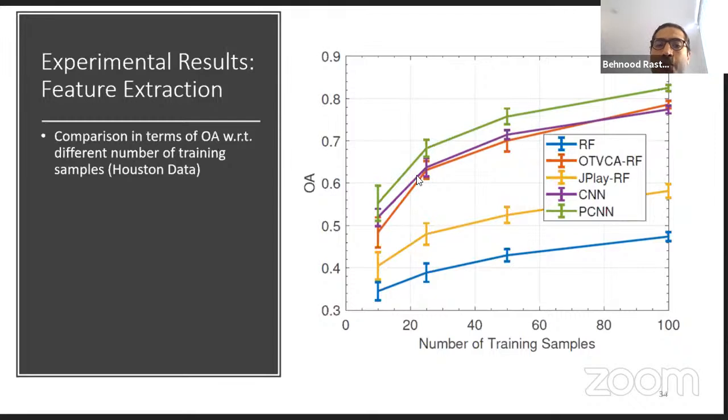But when we apply PCA prior, we get considerable improvement compared to all the other techniques, supervised and unsupervised. So that's one of the outcomes that we got from this study.